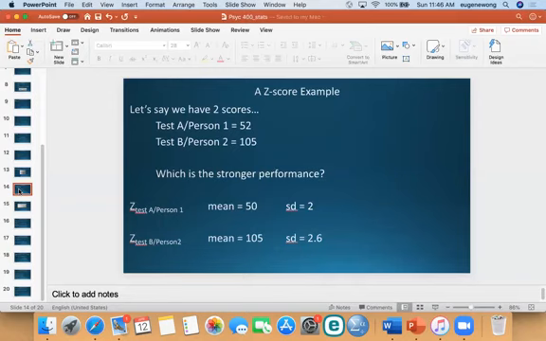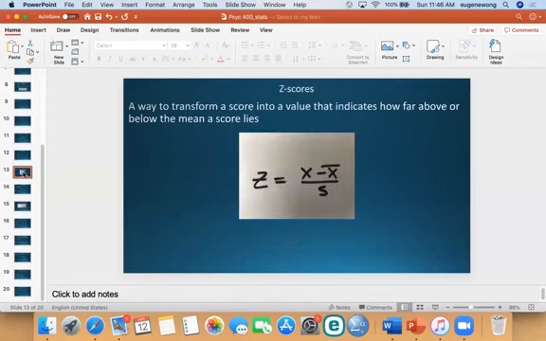But if I told you that the mean for test A or person 1 was 50 and the standard deviation was 2, and if I said the mean for test B or person 2 was 105 and the standard deviation is 2.6, you could calculate a z-score, this thing here.